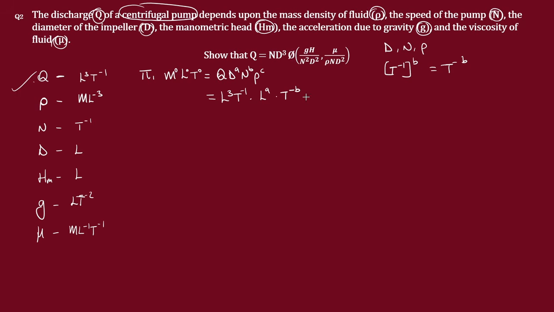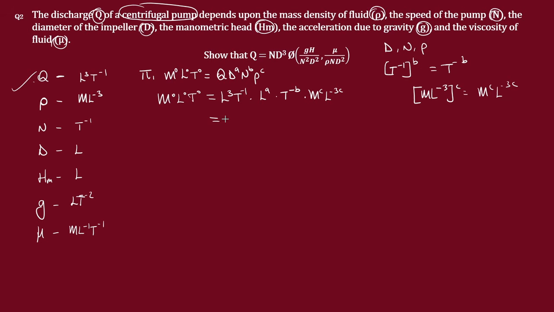So that's N. And rho is going to be density raised to power c. So that's going to be ML to the minus 3 raised to c. So that's M to the c, L to the minus 3c. So that's going to equal M to the 0, L to the 0, T to the 0.